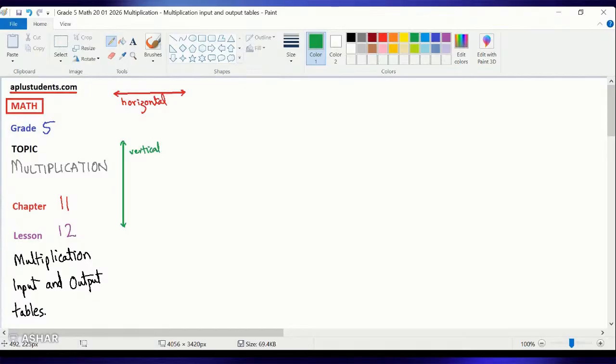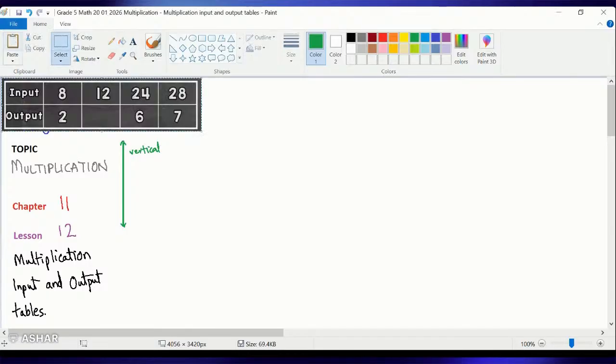So let's look at an example. Let's look at a case where we have a horizontal table and what we can do with it.